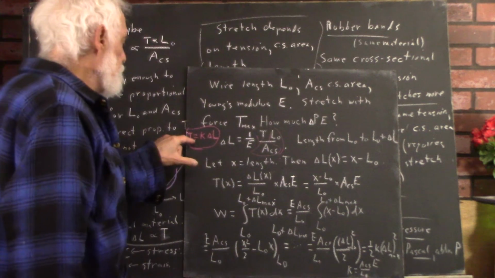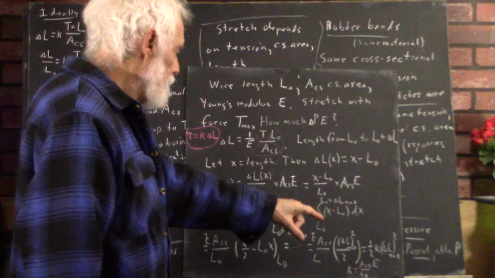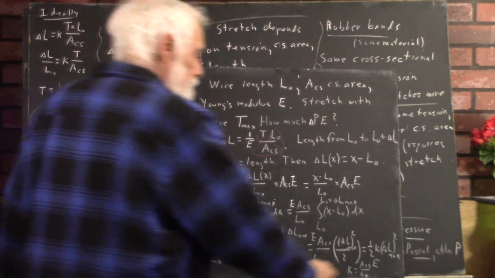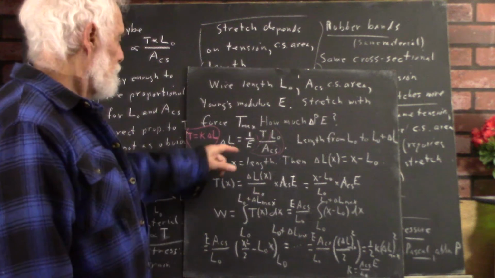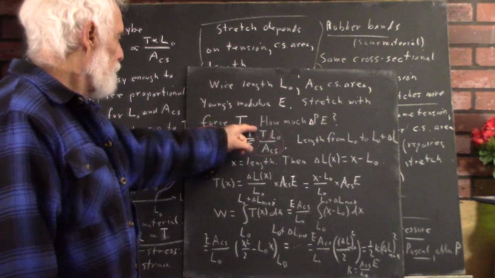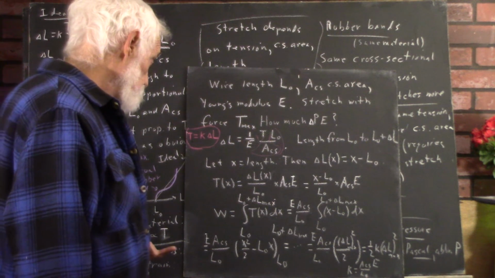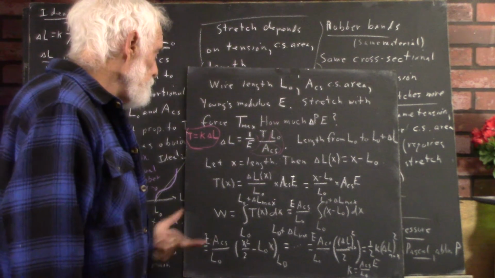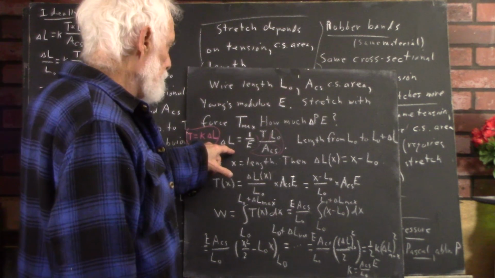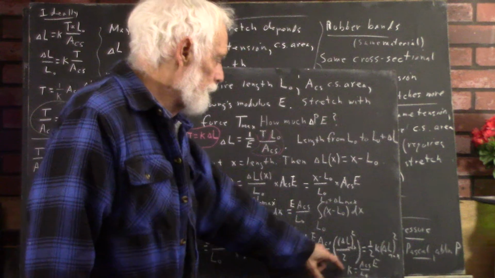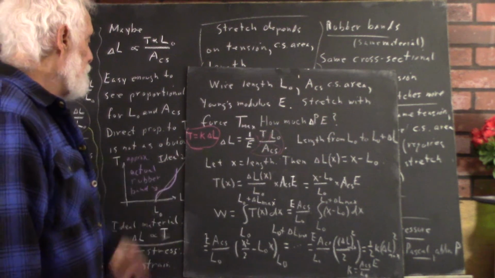If we write this as T equals K delta L, with K equal to this quantity, well, clearly we can do that. If you solve this for T, you've got to get E ACS over L naught times delta L. So if you define K as this quantity, this is what you get.